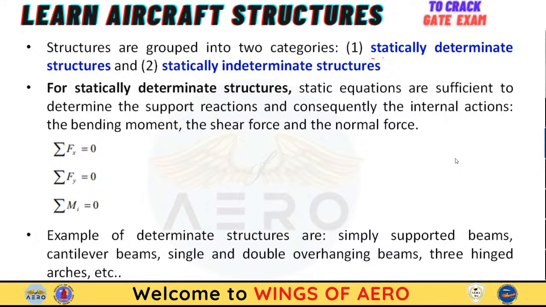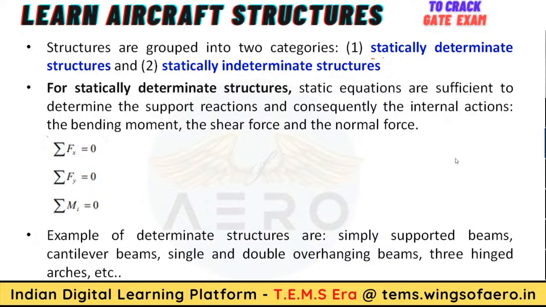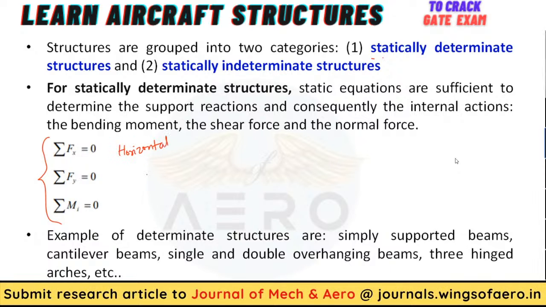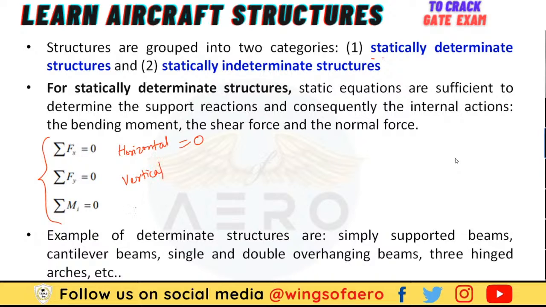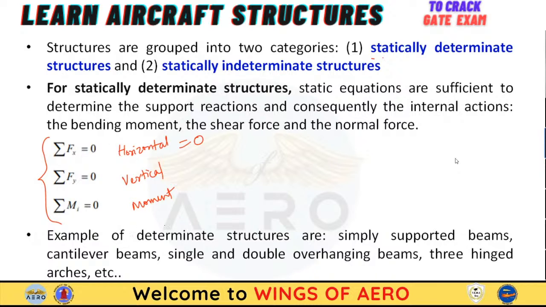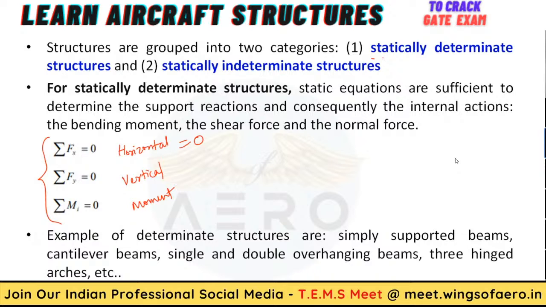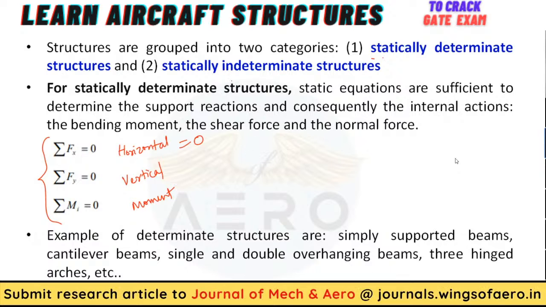Now we should know what statically determinate means. Whenever we can satisfy these equations, that is, the summation of horizontal forces equals 0, the summation of all vertical forces equals 0, and the summation of moments equals 0, and using these three equations we are able to find the support reactions of that structure, or the bending moments, shear forces, or normal forces, then that structure is classified as a determinate structure.